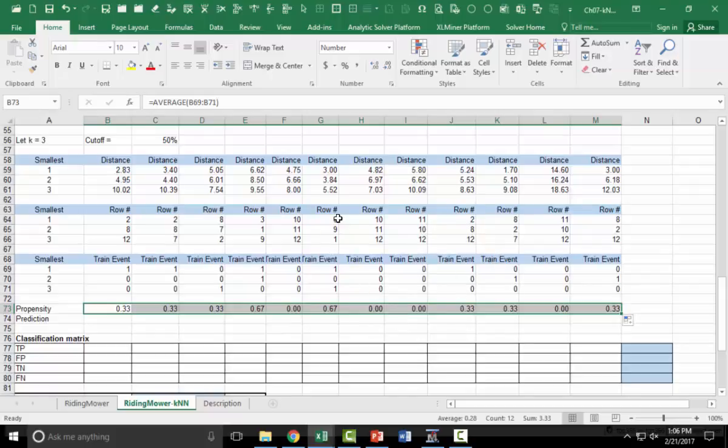So approximately, I think 6. All right. So let's go up to 6. It should be 1 after that.